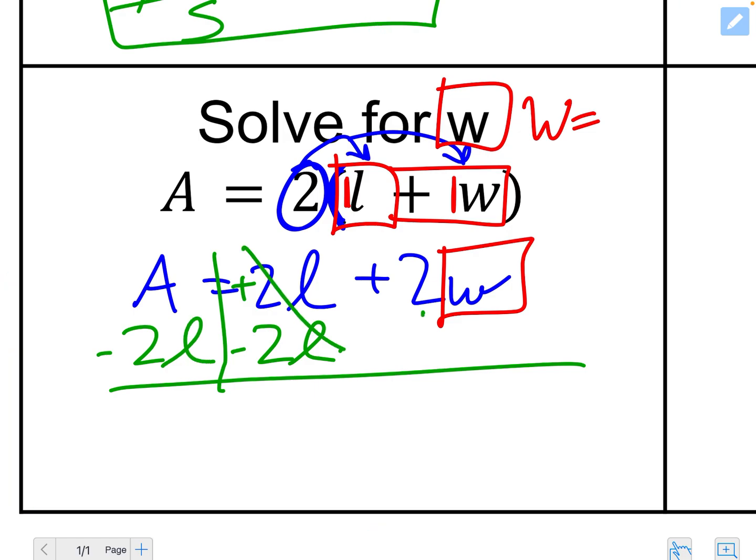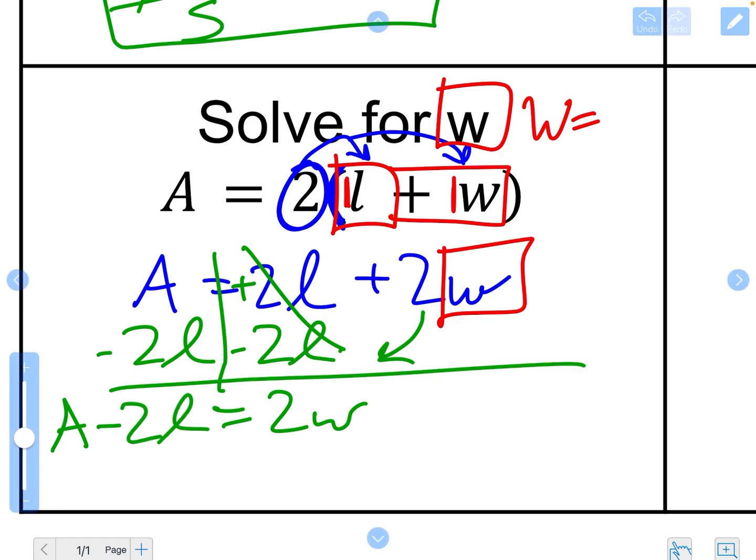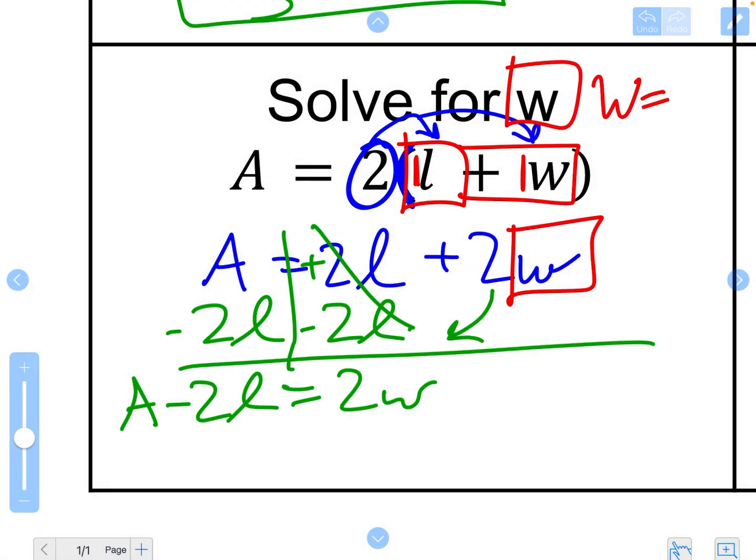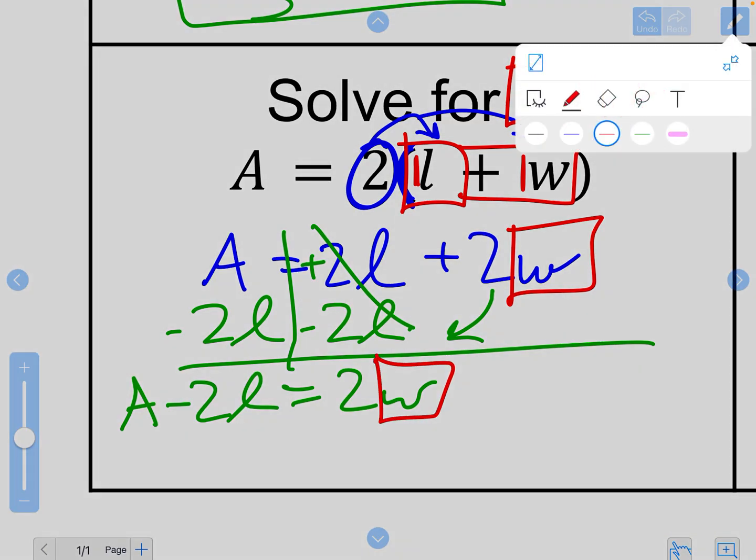My 2L's cancel, and I need to bring my 2W to the bottom. Again, A and L are not the same variable, so there's nothing I can do. I just need to rewrite my A and rewrite my negative 2L. And so now I need to draw another box around my W so that I know what I need to do next.